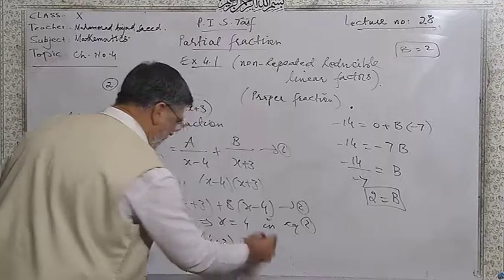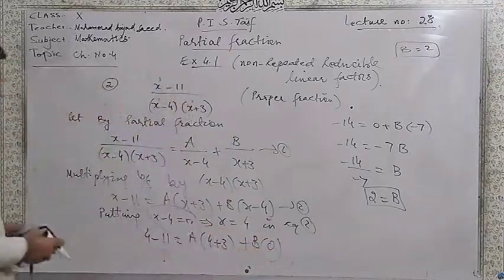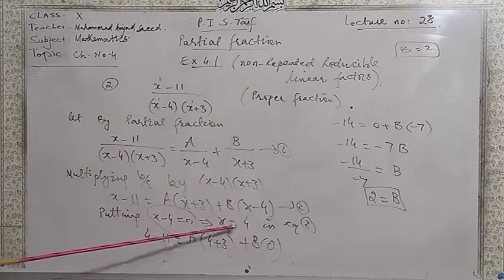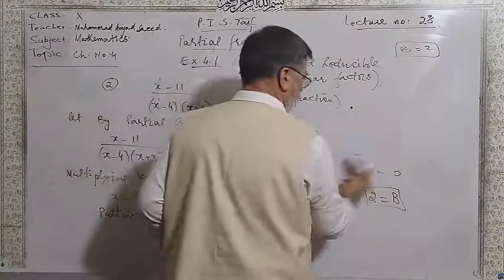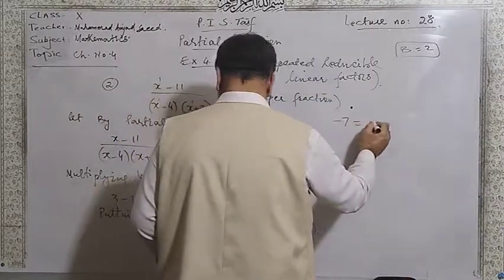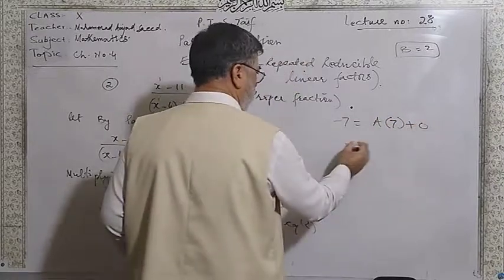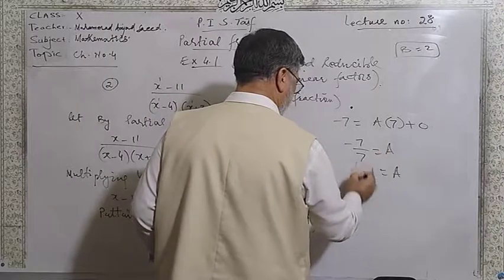And b into x minus 4 is equal to 0. Apply 0 directly here, since x minus 4 is equal to 0. So we are left with minus 7 is equal to a into 7 plus 0. So minus 7 over 7 is equal to a. So a is equal to minus 1.